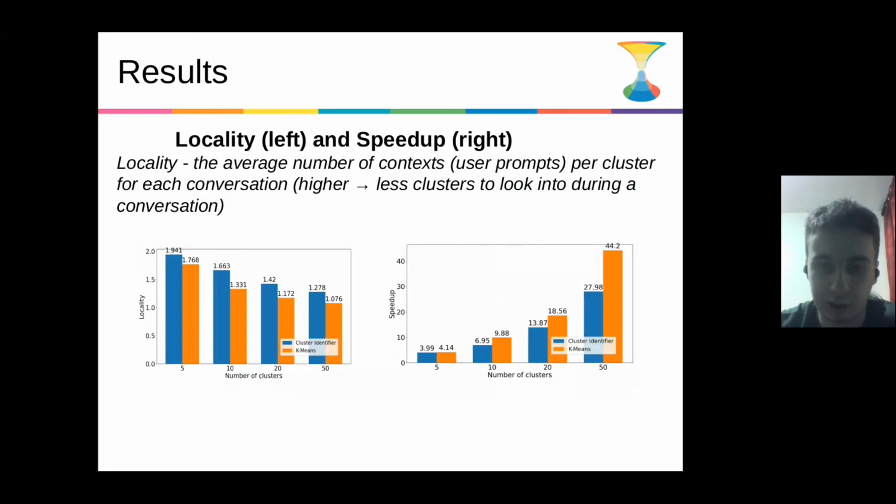The speedup also scales well, even though it doesn't scale as well as the k-means solution. So this means that the clusters are maybe a bit less evenly distributed. However, overall, we can still obtain a nice speedup, which will allow us to have an accelerated candidate search.